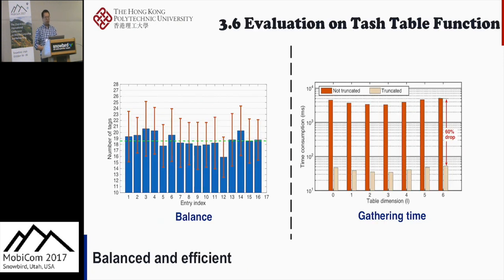Third, we evaluated the hash table functions in terms of balance and efficiency. We know that a good hash table function can assign keys into buckets equally, so we require balance. From the left figure, we can see that the number of tags in each bucket of the hash table is almost equal.